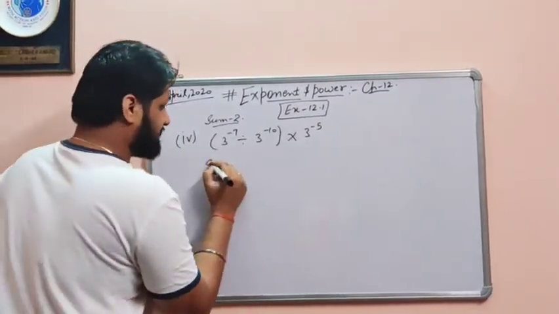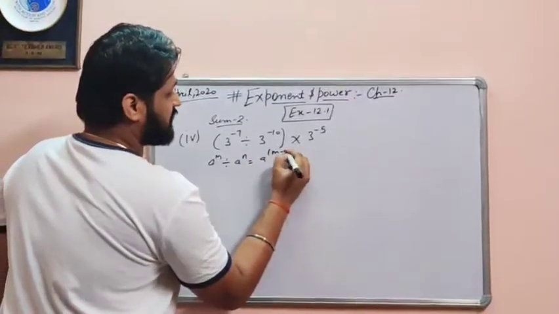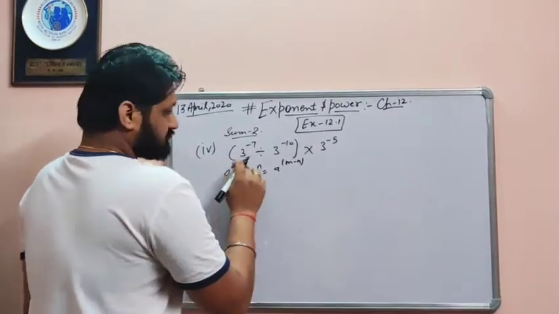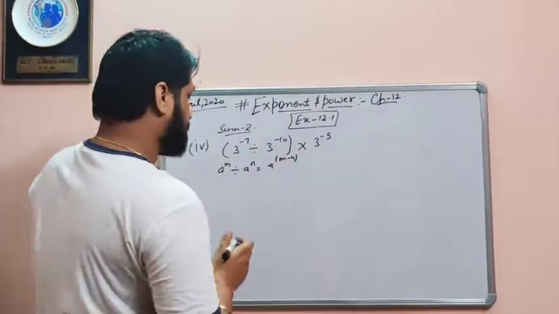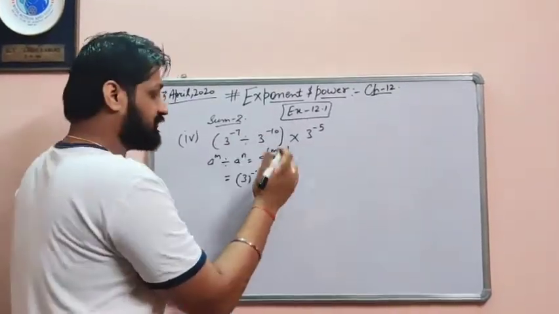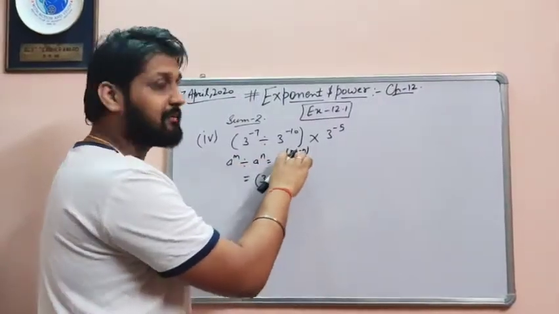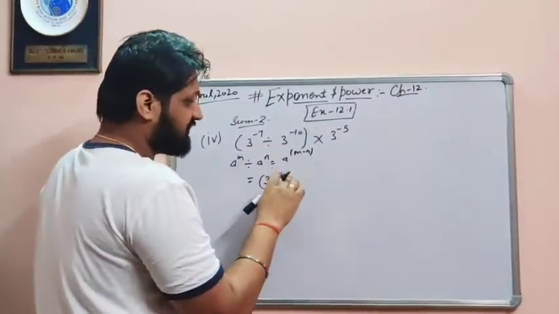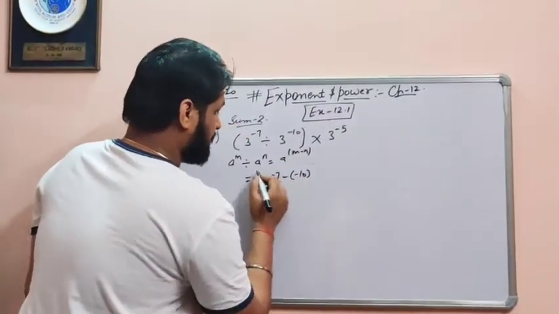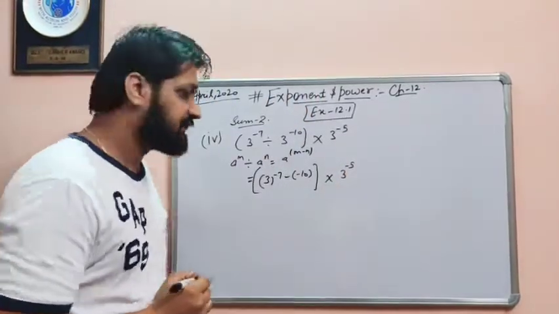Again the identity, that is a raised to the power m divided by a raised to the power n is a raised to the power m minus n. Here the base is the same, that is 3. So 3 raised to the power minus 7, and since the division sign is there, we will put minus and minus 10 in brackets, and multiply 3 raised to the power minus 5 as it is.